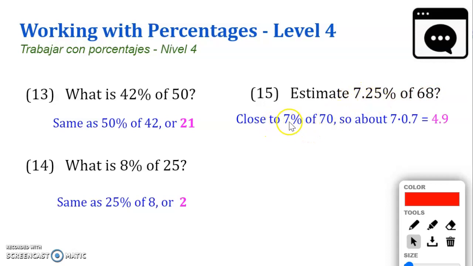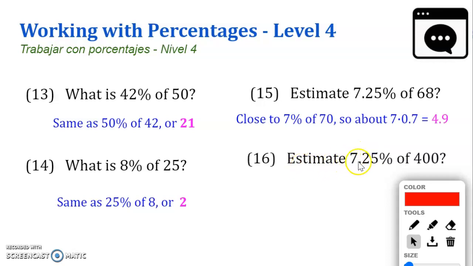So I know that it's going to be close to 7% of 70. So 1% of 70 is move the decimal place two places to the left, so that's going to be 0.7. 0.7 times 7 is going to be 4.9. So it's going to be close to 4.9.